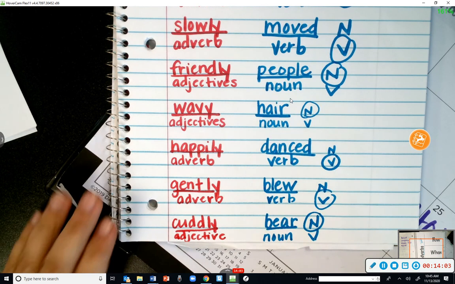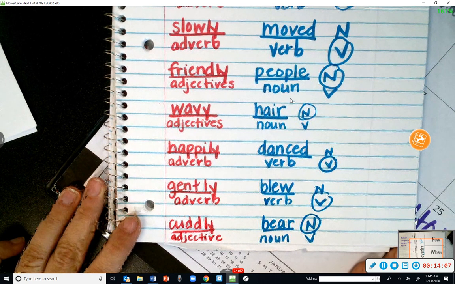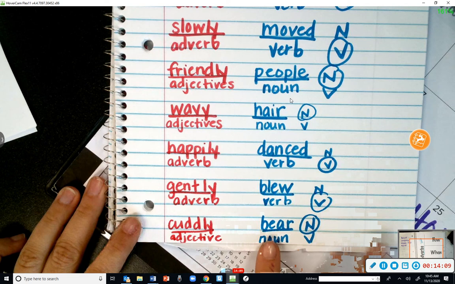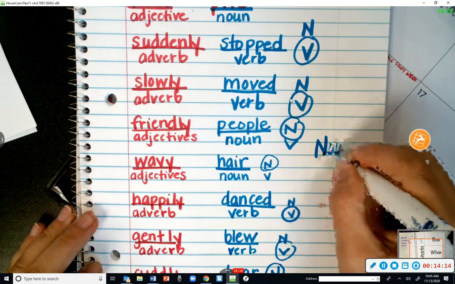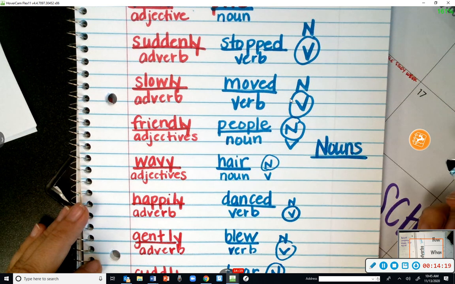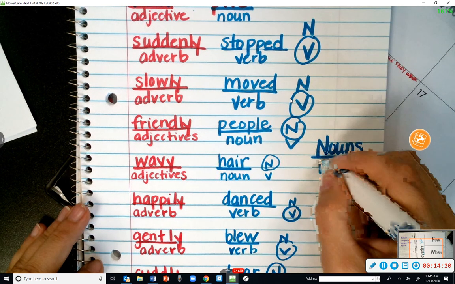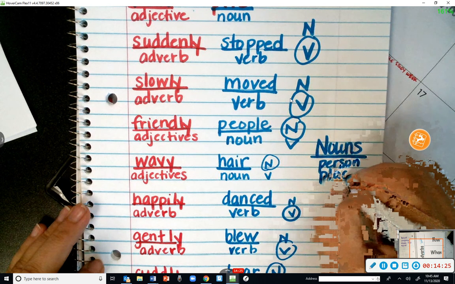Okay. Do we have enough examples where it's a little bit easier now? Adjectives describe nouns, and remember, a noun is a what? Person, place, thing. It can also be a feeling or idea.